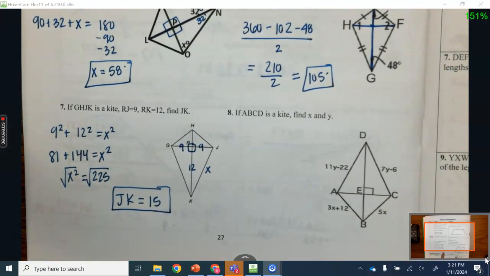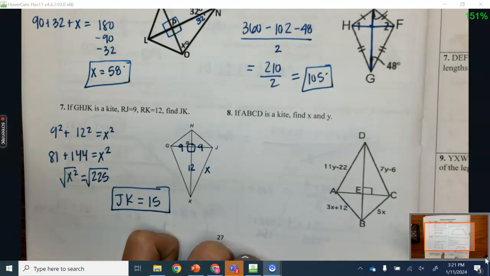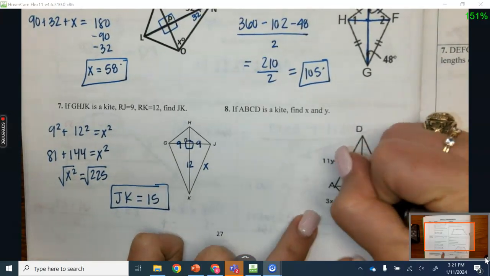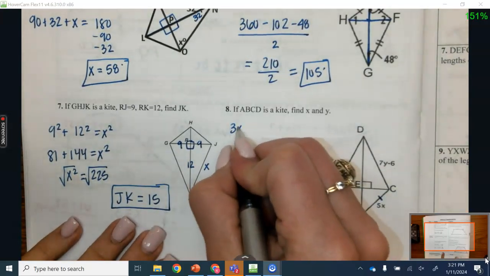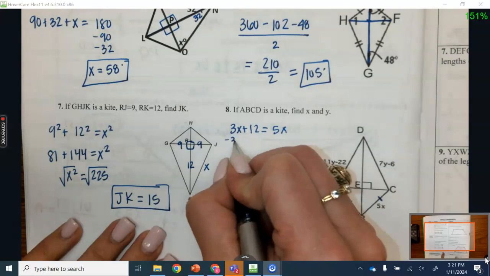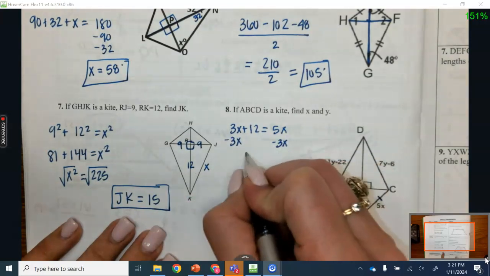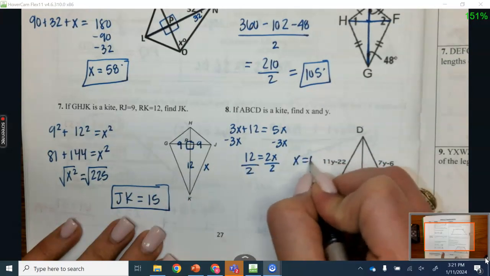And number 8, last one. If ABCD is a kite, find X and Y. So this is all on the sides. We have consecutive congruent sides, meaning AB and BC are congruent. 3x plus 12 is equal to 5x. If I subtract over 3x, 12 is equal to 2x. Divide by 2, x is equal to 6.